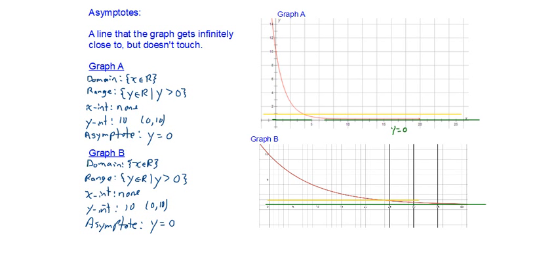So although the graphs have a lot of characteristics in common, they do have some characteristics that are different as well. All right, so that's a quick rundown of the exponential functions and some of their characteristics.